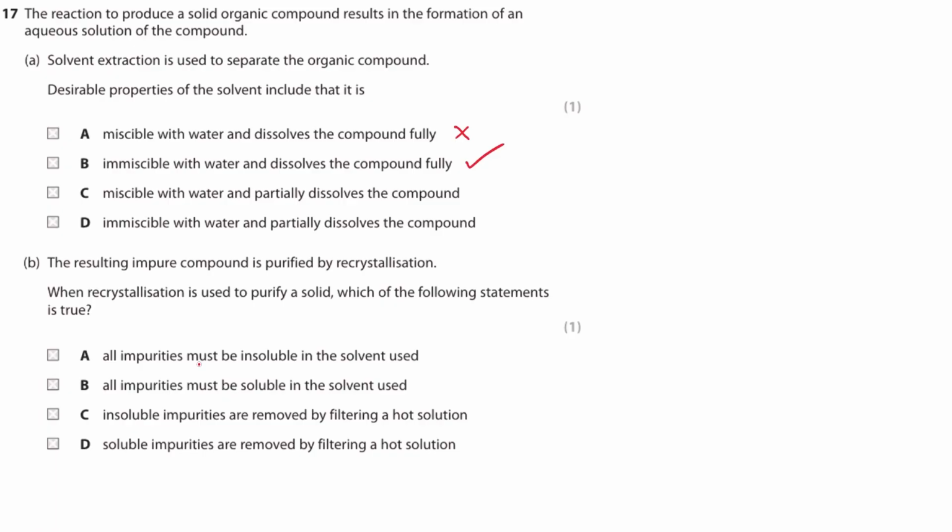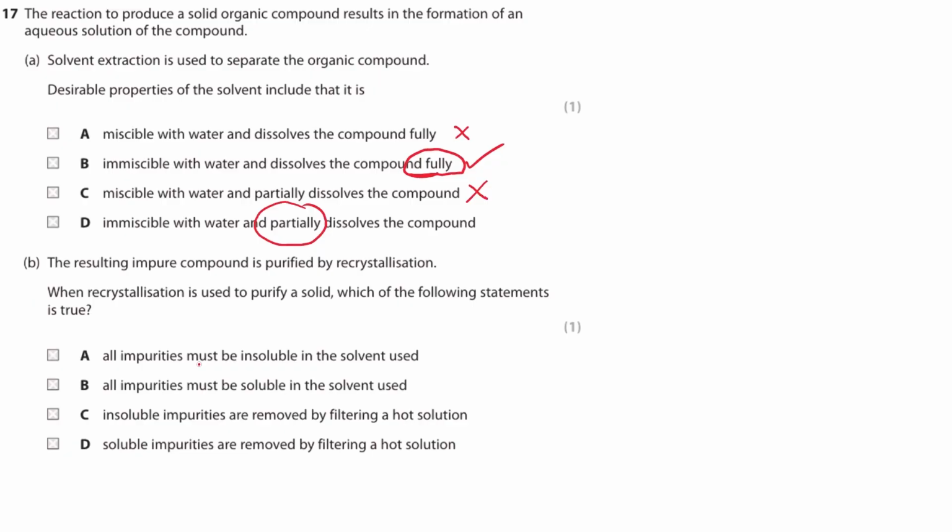Miscible with water, no, we don't want our new solvent to be miscible with water. Immiscible with water and partially dissolving the compound, no, I want my compound to dissolve almost completely. Partially means less soluble, but they are saying the compound fully, that makes sense.